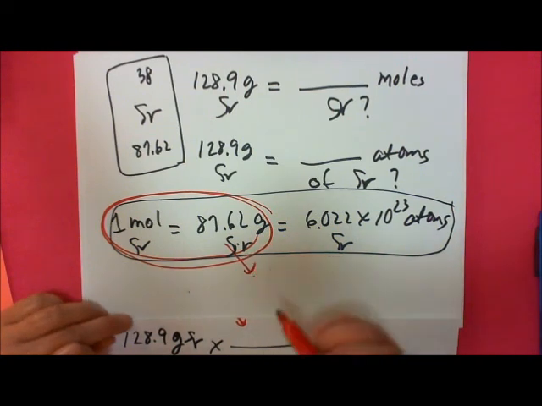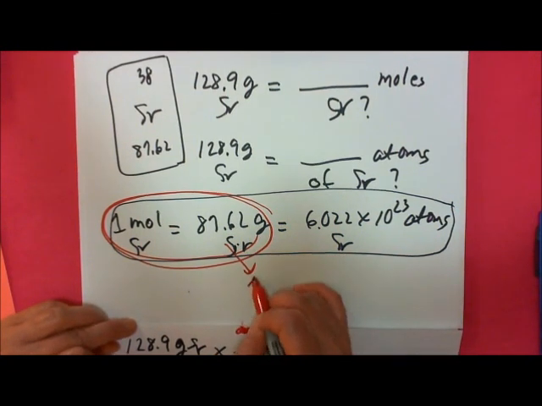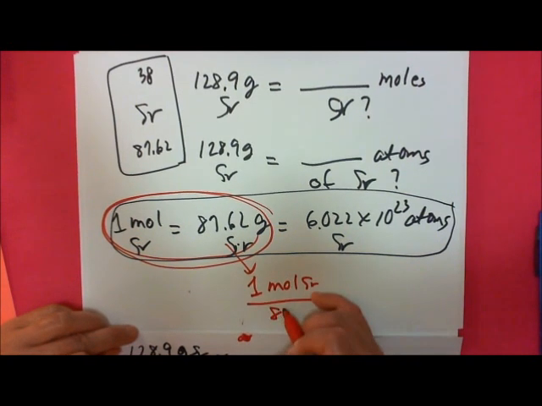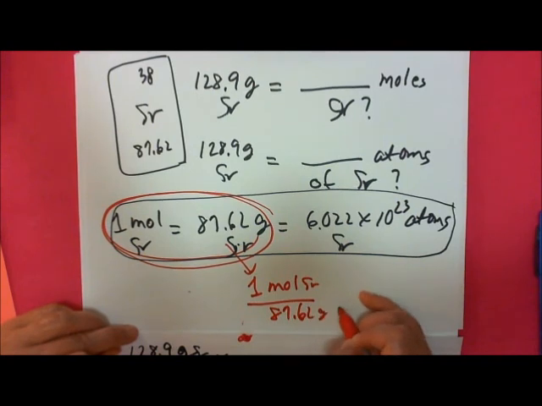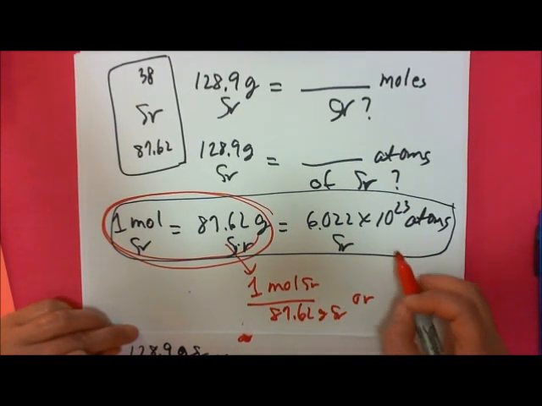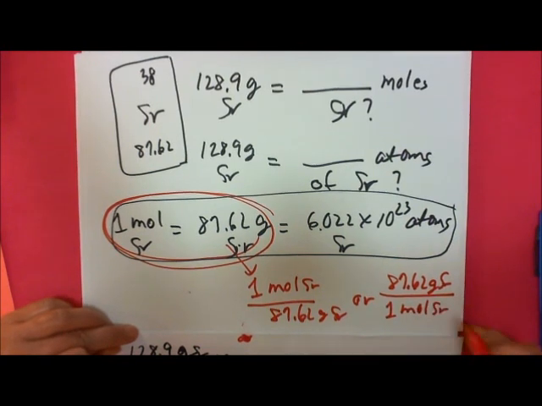I can write either 1 mole strontium over 87.62 grams of strontium, or I can write 87.62 grams of strontium over 1 mole of strontium. So I have those two options.